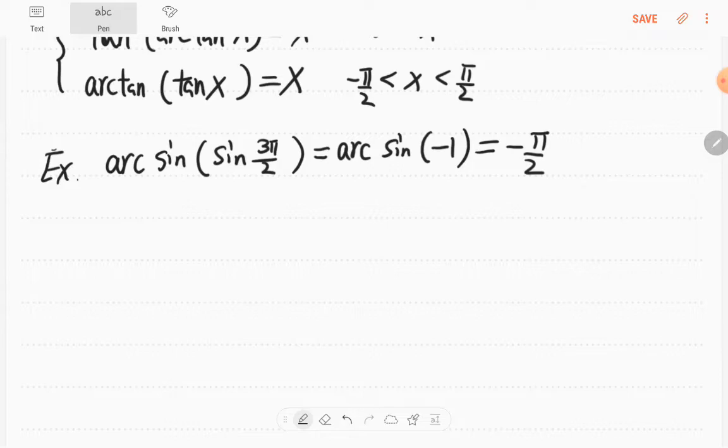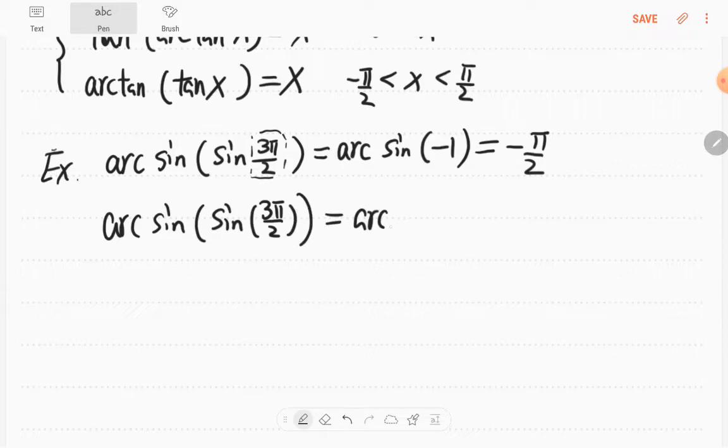Or you can convert this angle to an angle between negative pi over 2 and pi over 2 with the same sine value, so we find the coterminal angle. For arc sine of sine of 3pi/2, we subtract 1 revolution, which does not change the value because it's a coterminal angle.